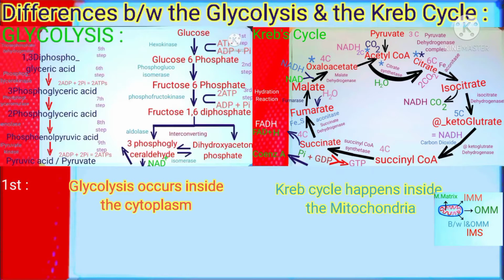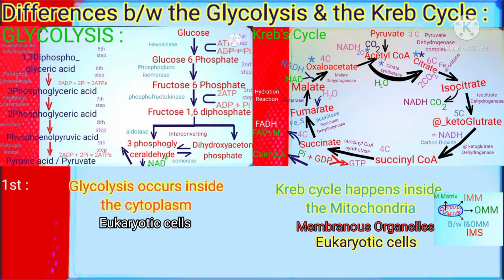As mitochondria is a membranous organelle found only in eukaryotic cells, the Krebs cycle takes place only inside eukaryotic cells. On the other hand, glycolysis takes place in eukaryotic cells as well as in prokaryotic cells, which is the first difference between glycolysis and the Krebs cycle.